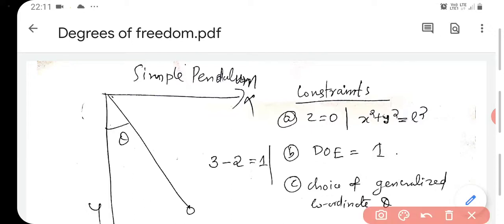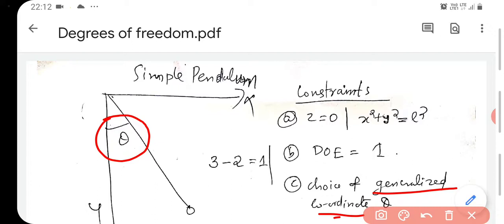We properly choose that coordinate, and we choose it as theta, the angle made by the string with respect to the vertical. That is taken as the coordinate, and it is called the generalized coordinate.